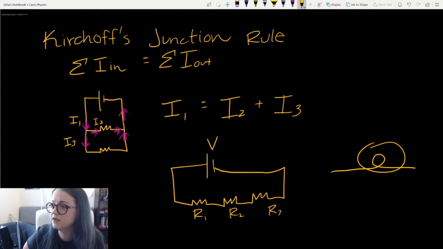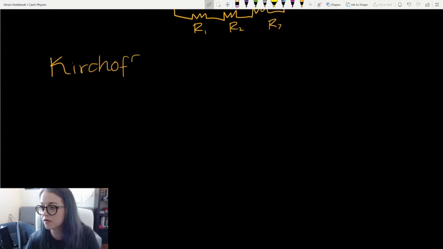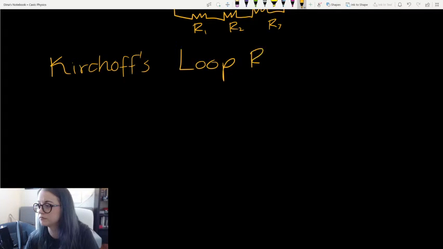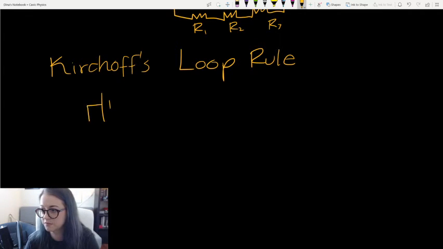So let's do the loop rule, and then we'll try analyzing a circuit. Kirchhoff's loop rule tells us how the voltage of a circuit is broken up. Let's look at a parallel circuit real quick, and I'll make it light bulbs this time.